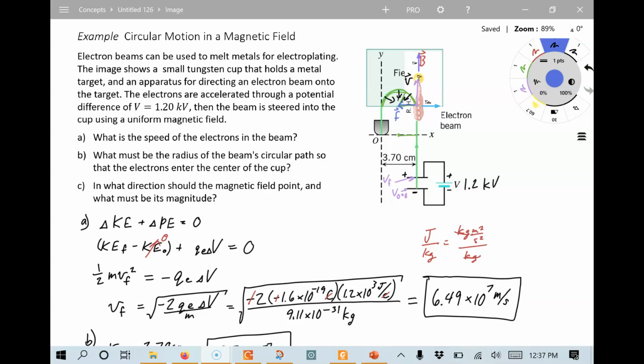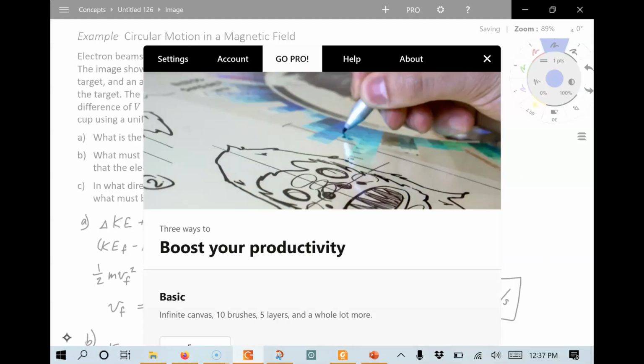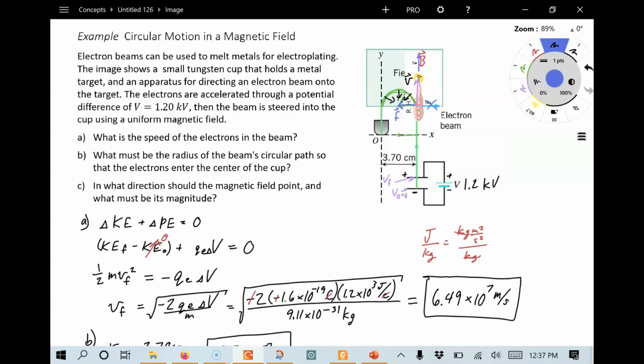For a positive charge, it would point in this direction, right? But this is an electron, so we don't go in that direction. We, in fact, go in the other direction. And this does work out. Yes, perfect. So if we have the magnetic field pointing straight out of the page, we're going to get the curvature that we want for the electron to be redirected through a circular path right into that cup.